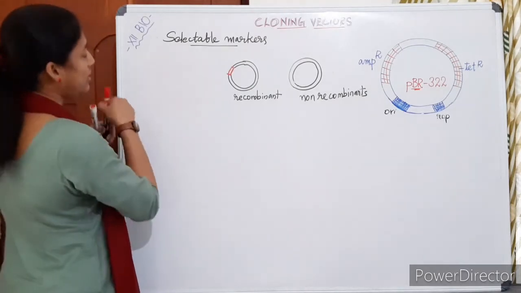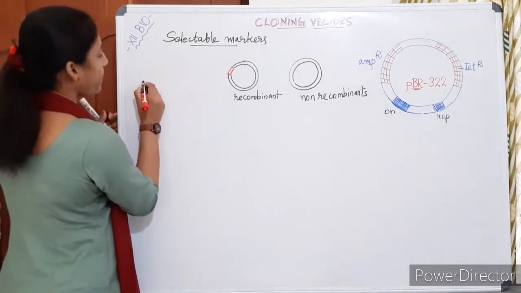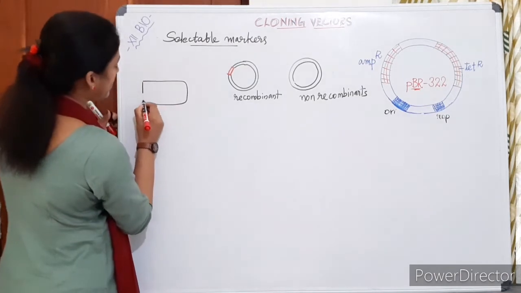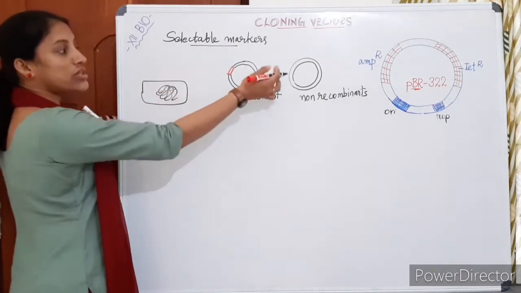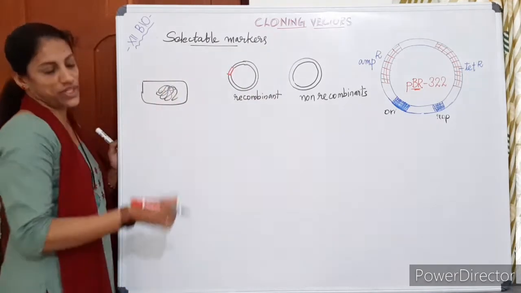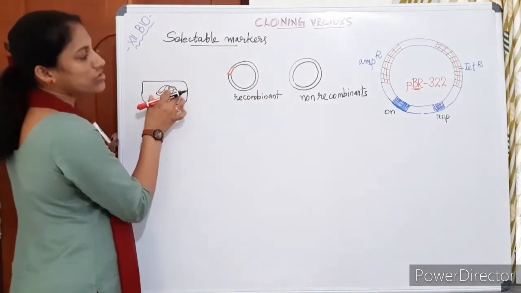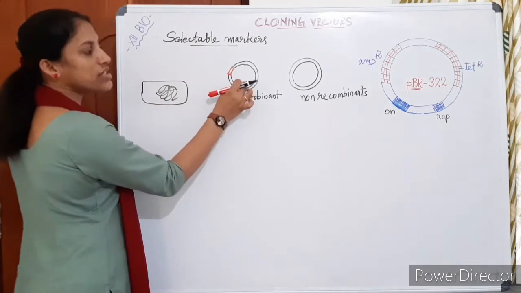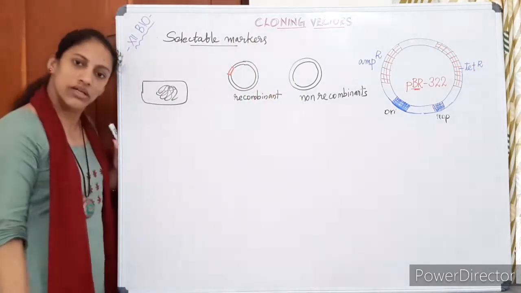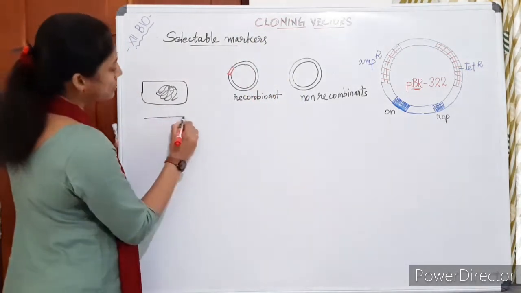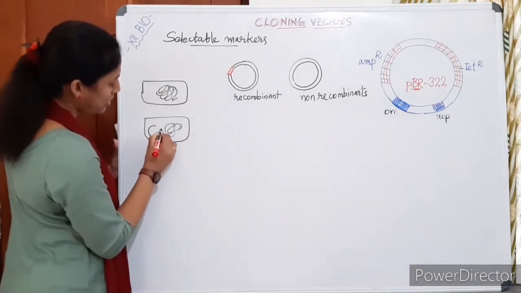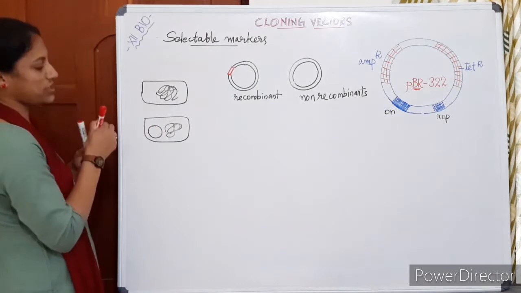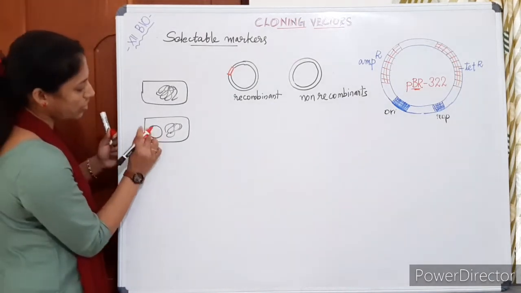Some bacteria, carrying only their own genome, will not receive any of this. Some bacteria will not receive any recombinant or non-recombinant plasmid. The chance is there. Whereas some bacteria will receive recombinant plasmid.